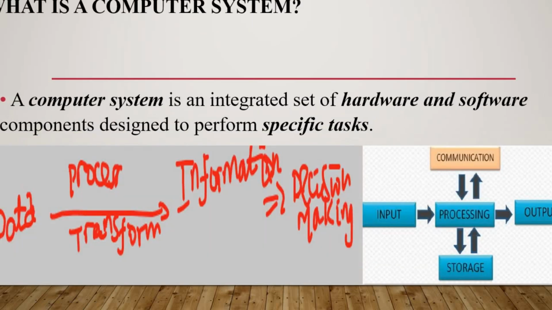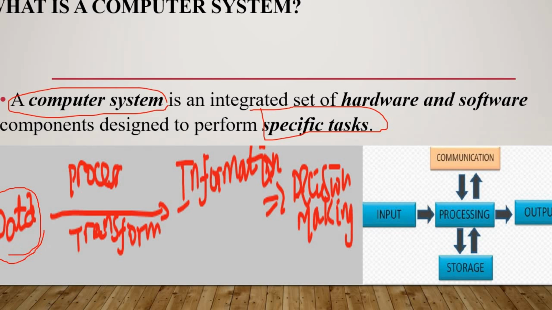So, what is a computer system? To begin with the definition, a computer system is an integrated set of hardware and software components designed to perform specific tasks. A user, from the client side, can enter data, raw data.